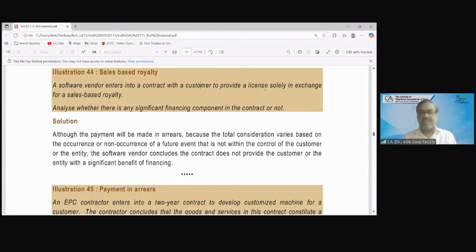This vendor will not get the upfront money. This vendor will get the royalty based on the sales done by the customer. Okay. So he is transferring the license now and he is getting royalty for the future. So in this case, is it a significant financing component in the contract?